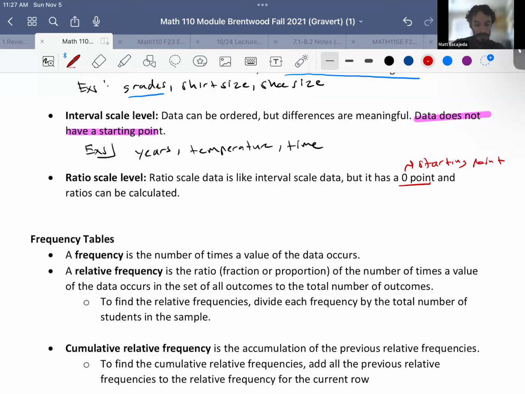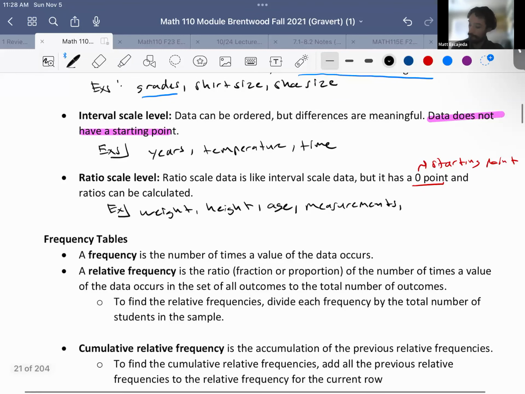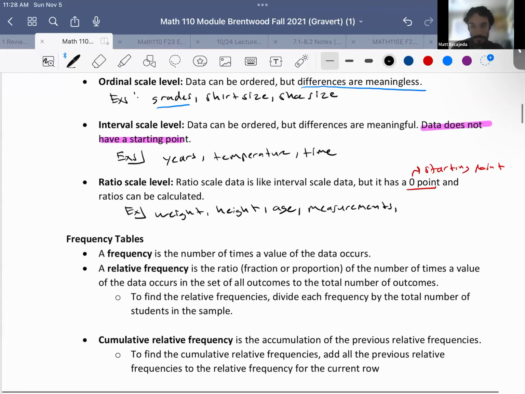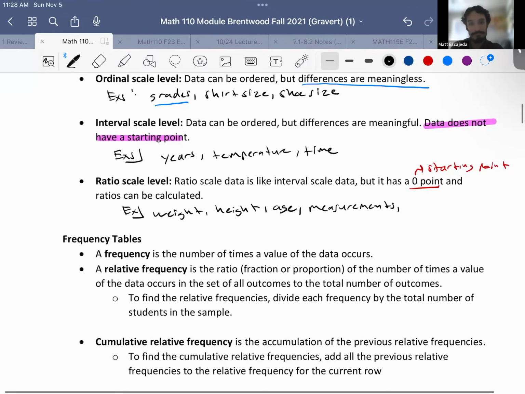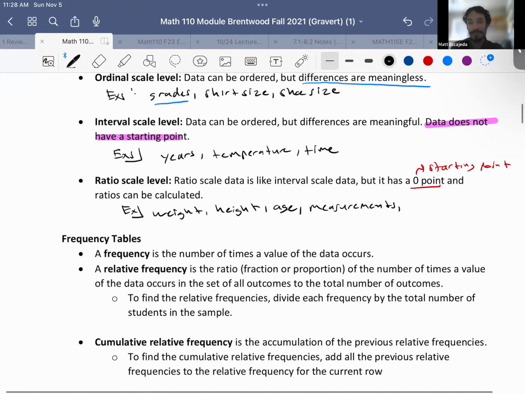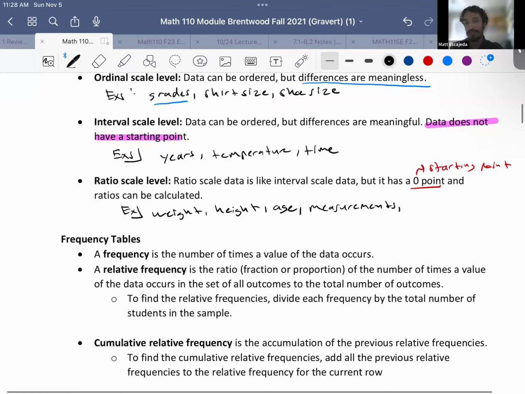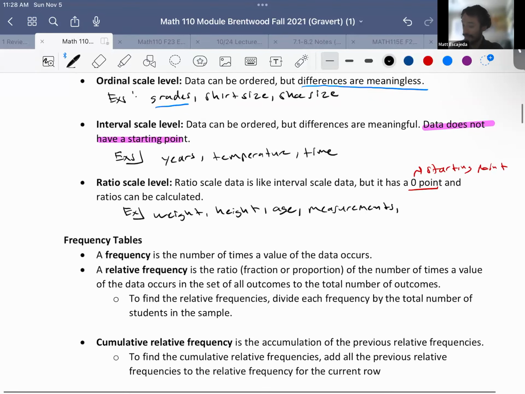Some examples of these are weight, height, age, measurements, things like that. These have starting points, like you could have zero weight, you could have zero height, you know, zero age when you're born, zero measurements, things like that.